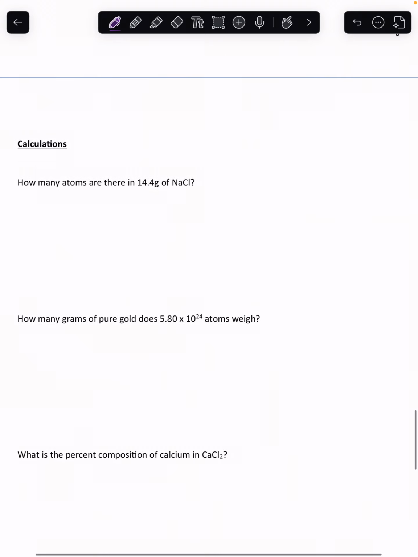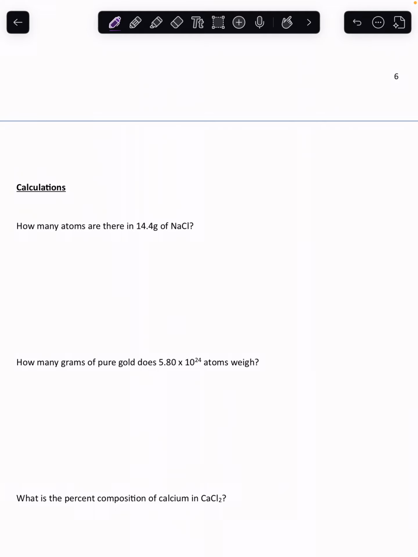So, calculations. So let me take a sip, just a minute. Okay. So, calculations. There's a bunch of stuff going on here. I am going to make a little cheat up at the top here. I'm giving you here in our practice exam a pathway to follow, back and forth, from grams to moles to atoms and back again.